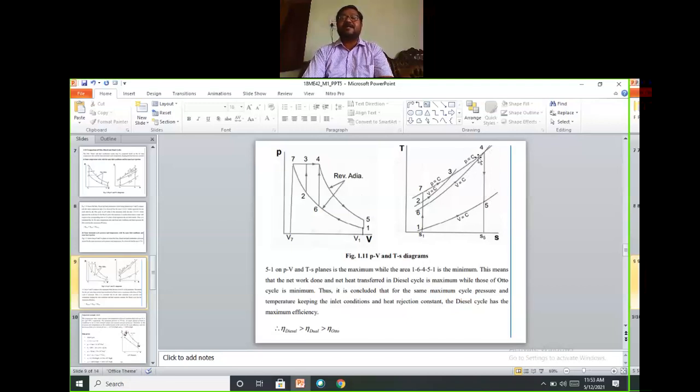Maximum temperature is at 4, maximum pressure is also at 4. The comparison is based on the same maximum pressure and temperature and the same heat rejection. Okay, you must be very careful. This has been asked a lot of times in the examination.